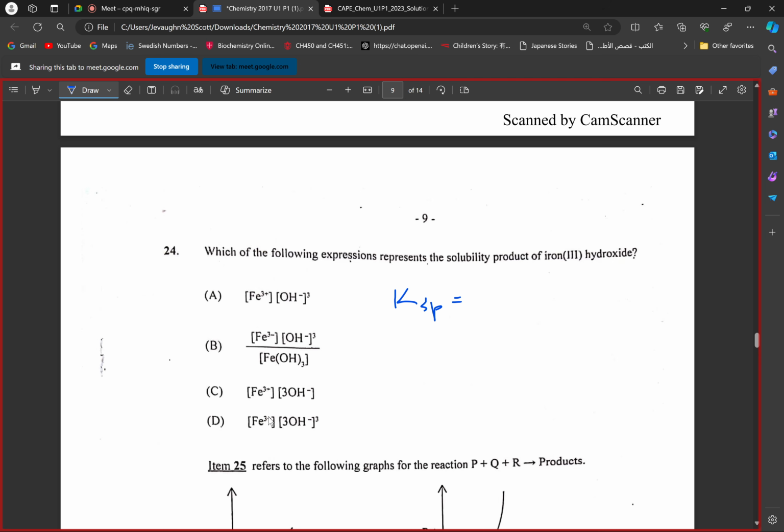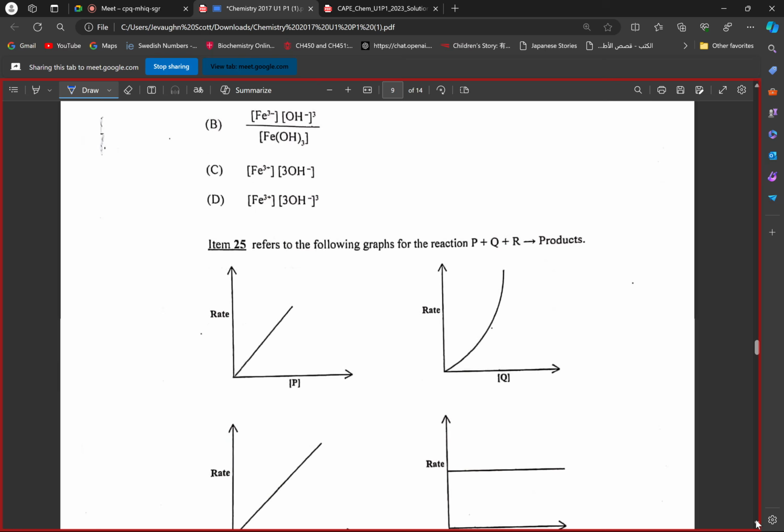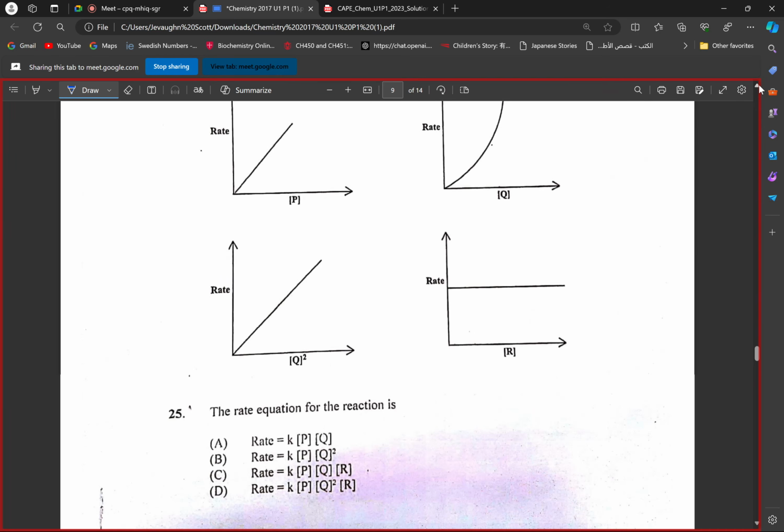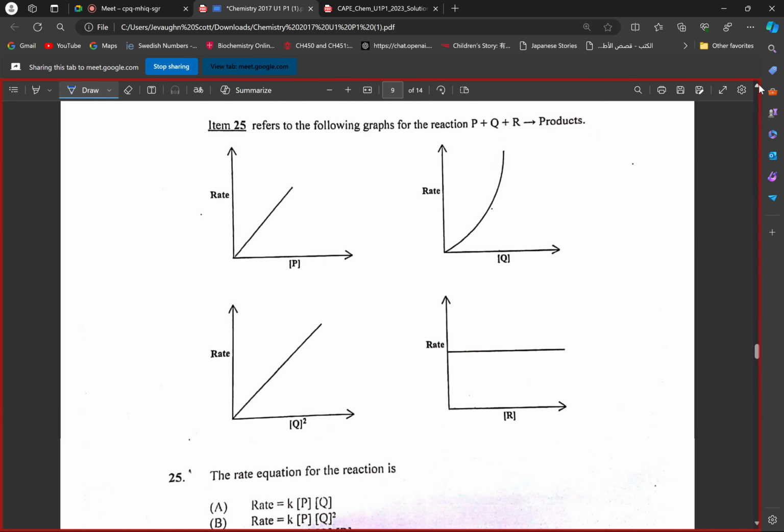Alright, so we have that there. Looking at the rate of reaction here, P is that, Q is that, Q squared is that, R is that.